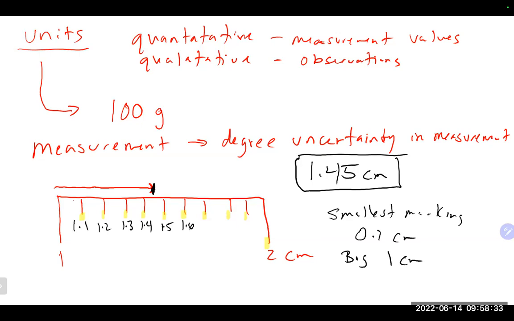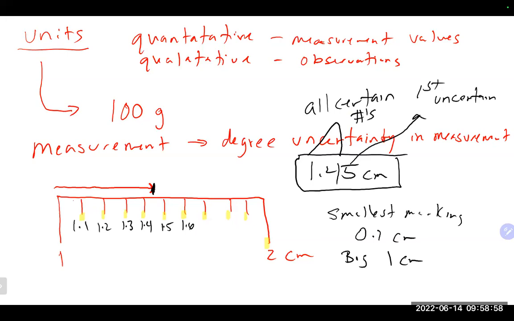So whenever we take a measurement, we always want to make sure that we record all the certain numbers plus the first uncertain number. It is always customary to record all those certain numbers plus that first uncertain number.